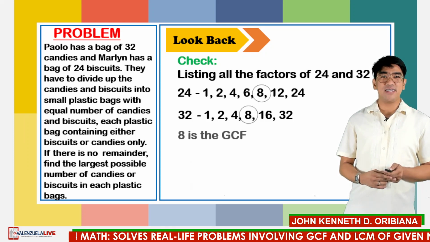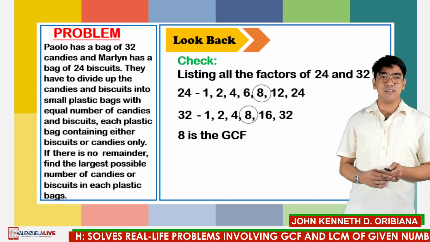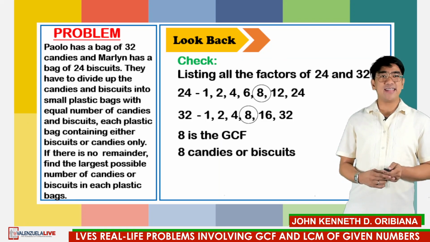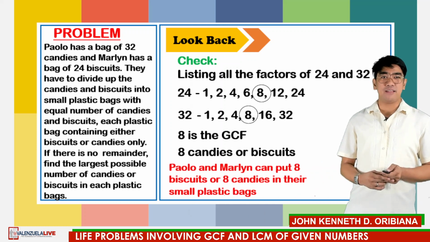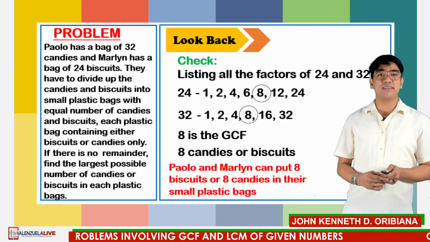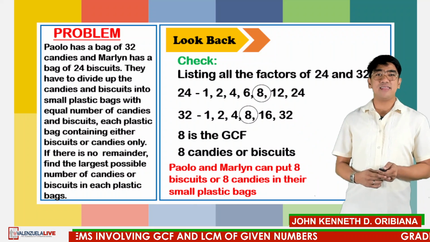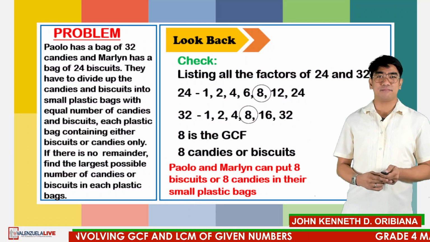As you can see, 8 is the GCF, or 8 candies or 8 biscuits. Therefore, Paolo and Marlene can put 8 biscuits or 8 candies in their small plastic bags.